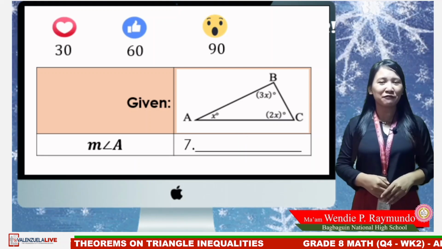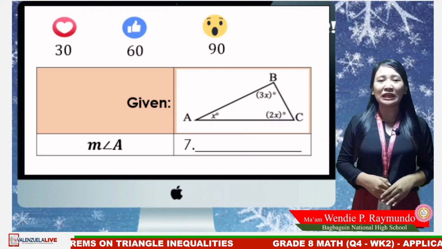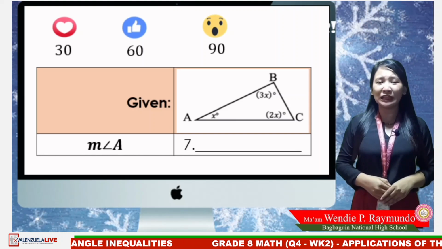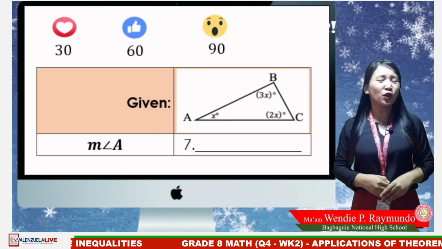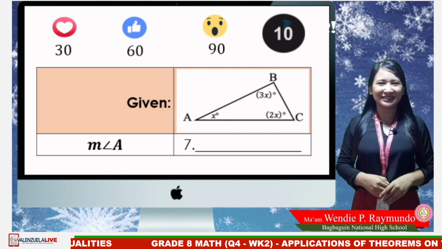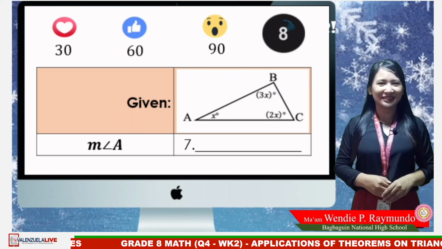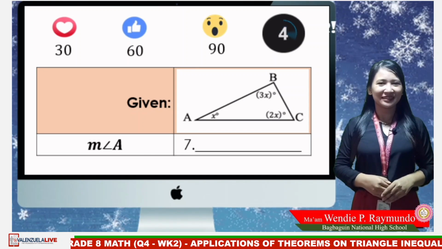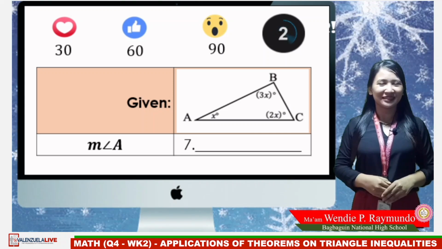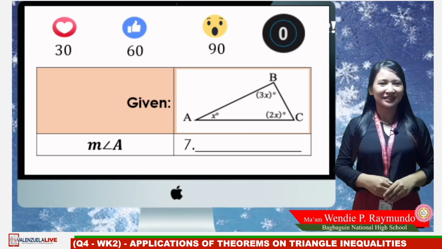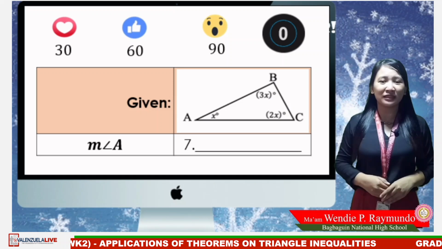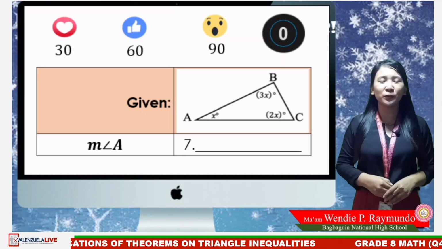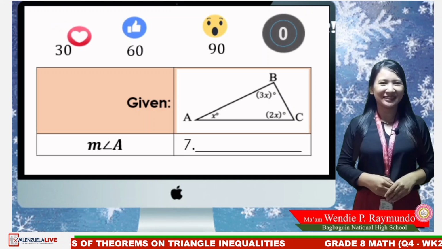Next, number 7. What do you think is the measure of angle A? Is it heart 30, like 60, or wow 90? Since the value of x is 30, therefore the measure of angle A is also 30.